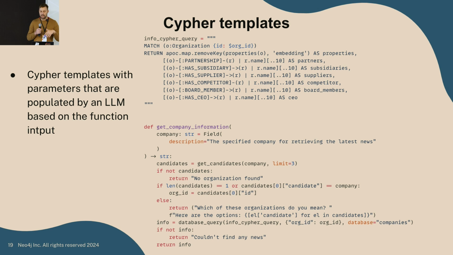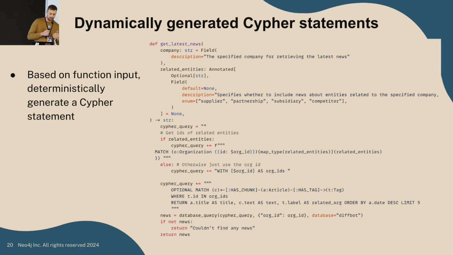But essentially, the LLM decides if you want to find information about a specific company, and then it just passes that company as the parameter to the template, and then we get the exact same information every time when we're interested in the company.